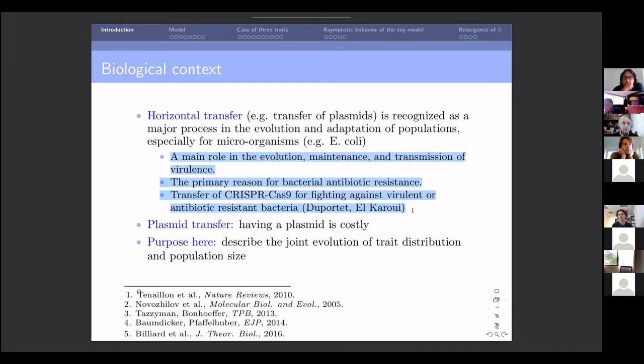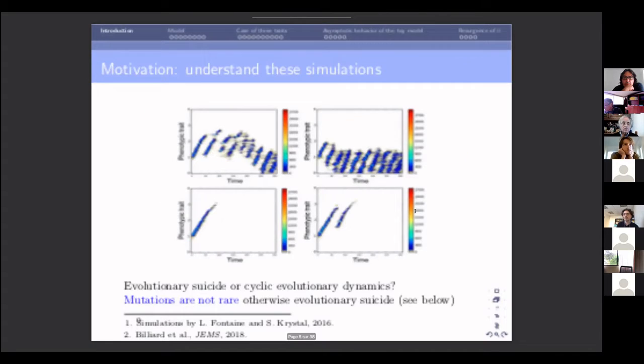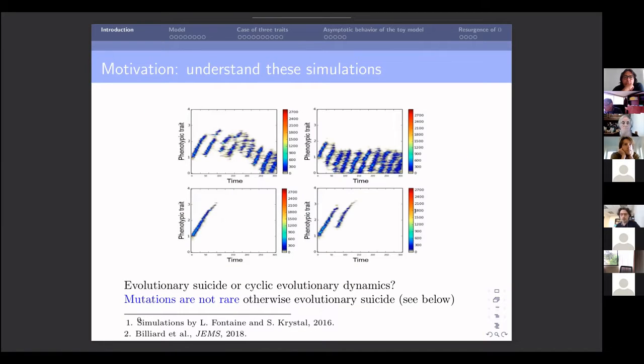So what can happen? To illustrate what can happen, here are a few simulations of a model I'm going to describe in a few minutes, just to motivate the talk. There's a time evolution: horizontally you have time, and vertically you have the distribution of traits in the population.